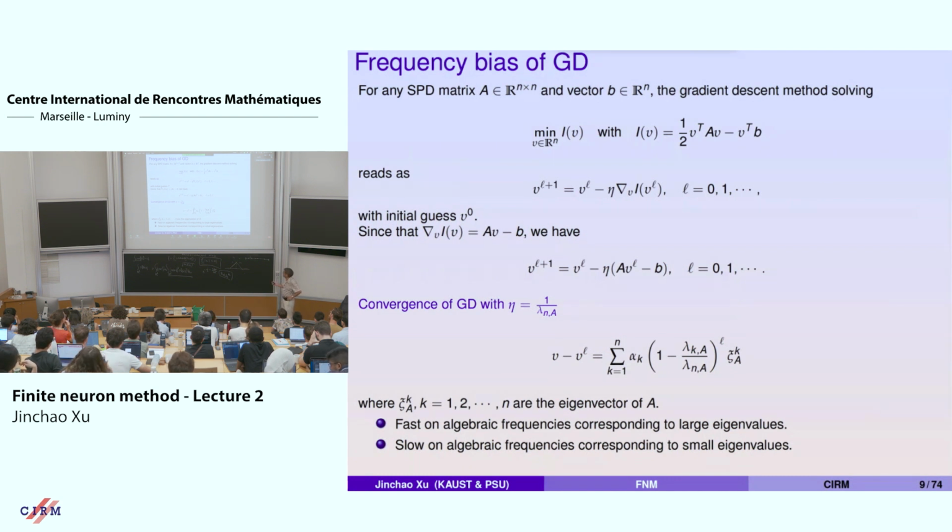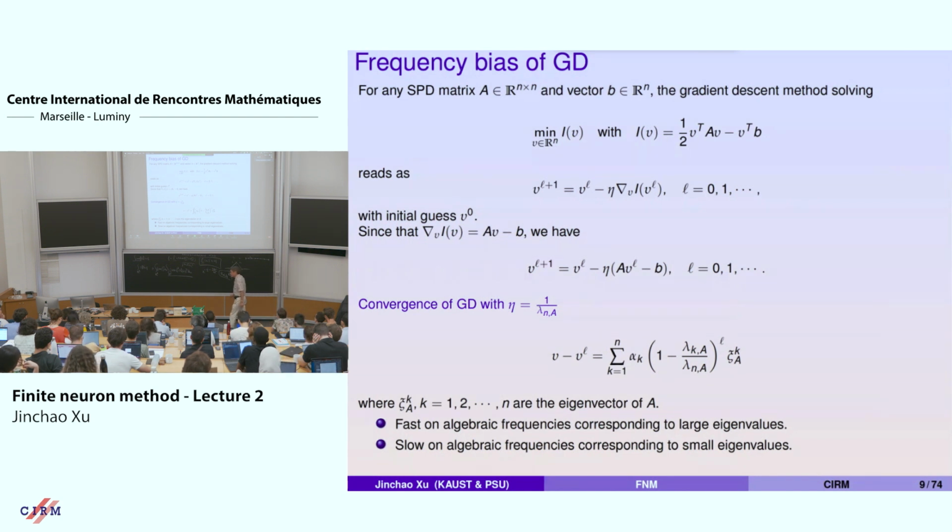In this particular case, if you take one of the largest eigenvalues as the linear rate, the first one you kill instantaneously, otherwise it's going to be converging very fast. So that's what we call some kind of frequency principle. This is a very important property of the gradient descent method. Okay, it converges very fast, the fastest, for the eigenvector corresponding to the larger eigenvalue.